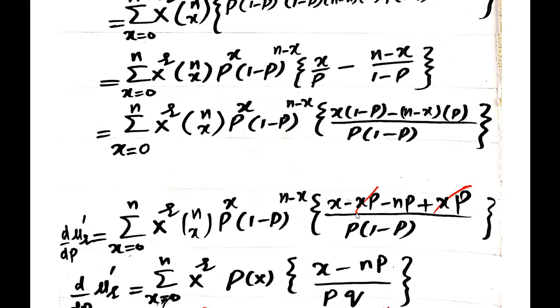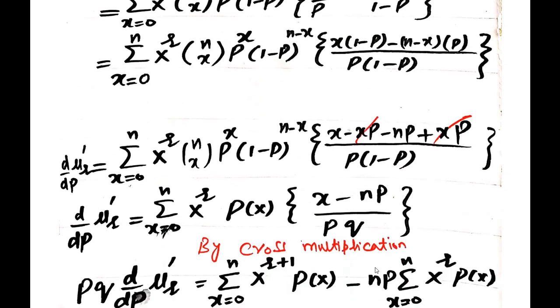Cancel out these two terms, minus xp and plus xp. So we are left with x minus np over pq, and here we are left with nCx p power x (1 minus p) power n minus x. So this is the formula of p of x.